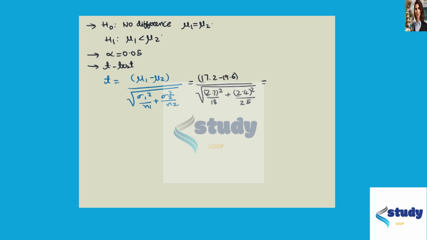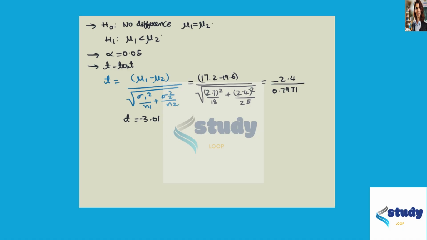So this gives the answer as minus 2.4 divided by 0.7971 when we calculate this to some further extent, and finally the t value equals minus 3.01.